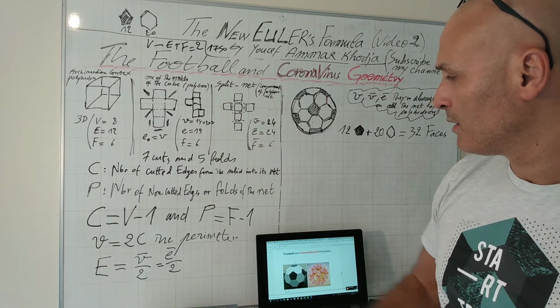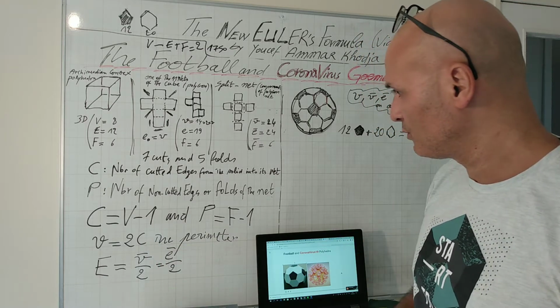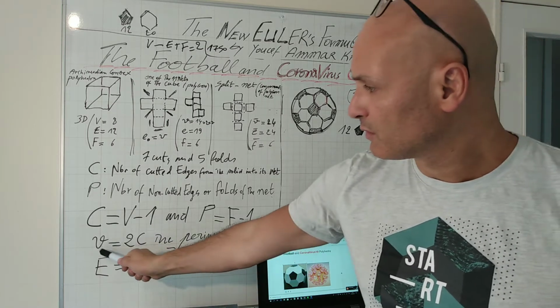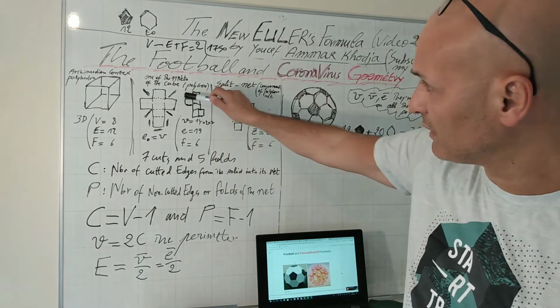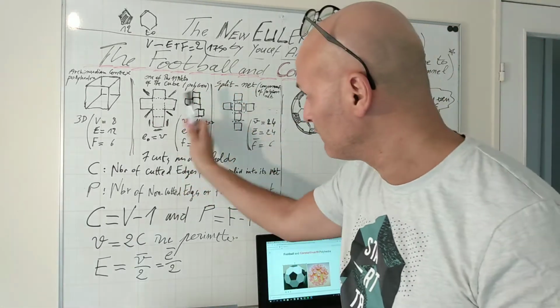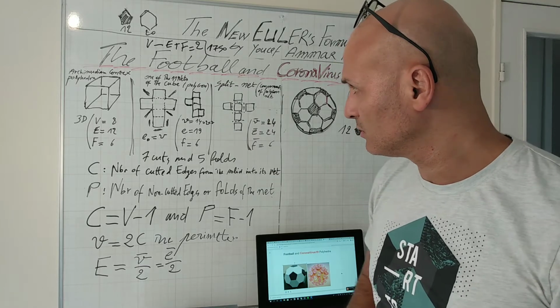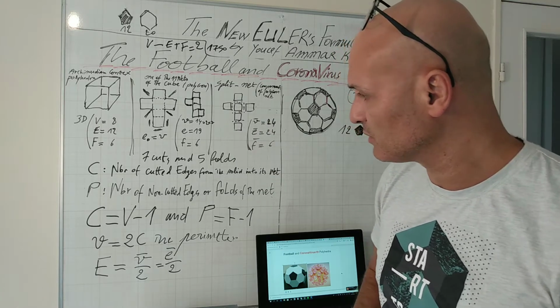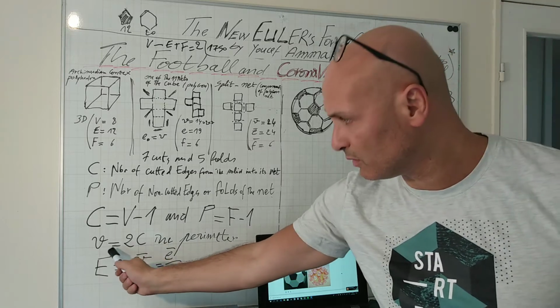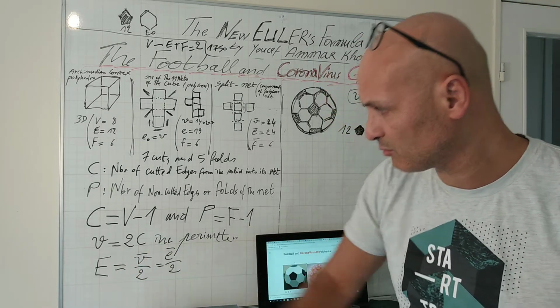Now, there are other formulas that are quite useful. The number of vertices on the nets, on any net, all the 11 nets of the cube or of any convex Archimedean solid, is always equal to 2 times the number of cuts.